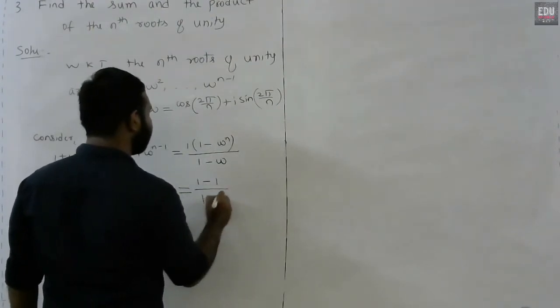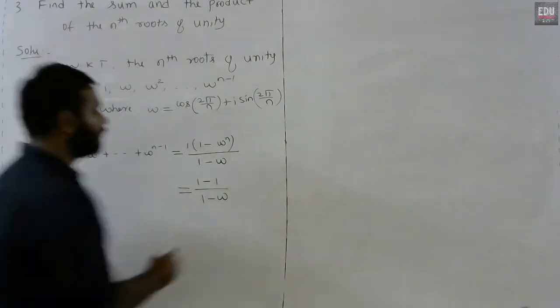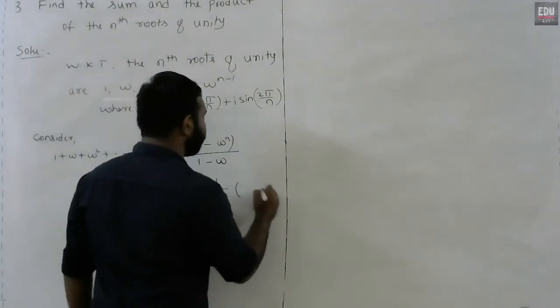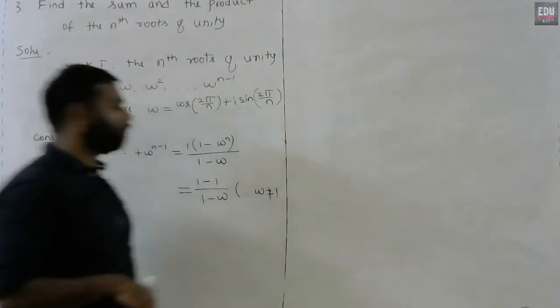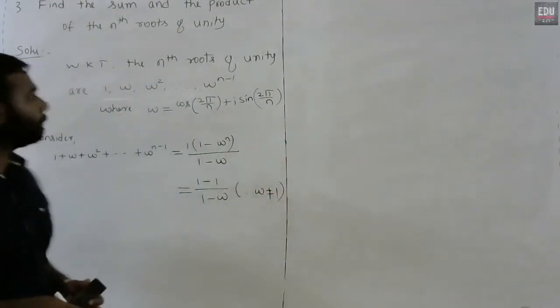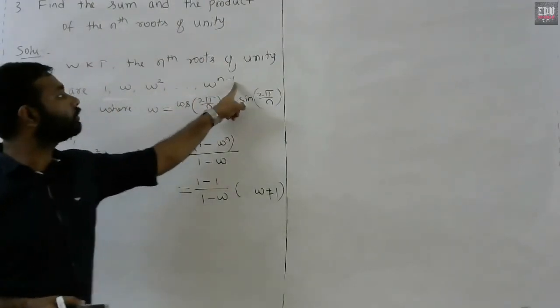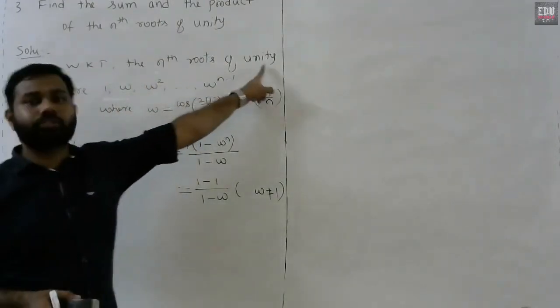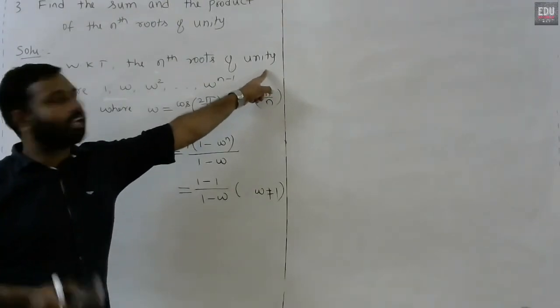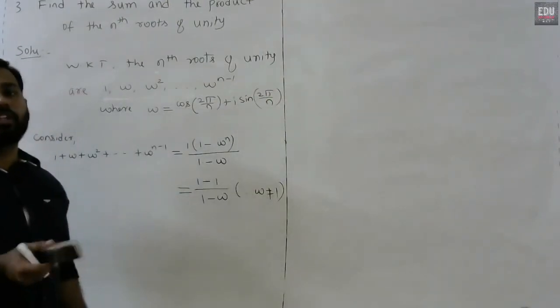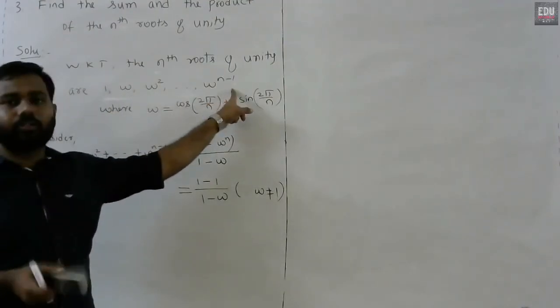So 0 divided by 1 minus omega, where you can observe that omega cannot be equal to 1. Because 1, omega, omega square, so on omega power n minus 1 are the distinct nth roots of unity, right? There are n distinct nth roots of unity, and these are those n distinct.